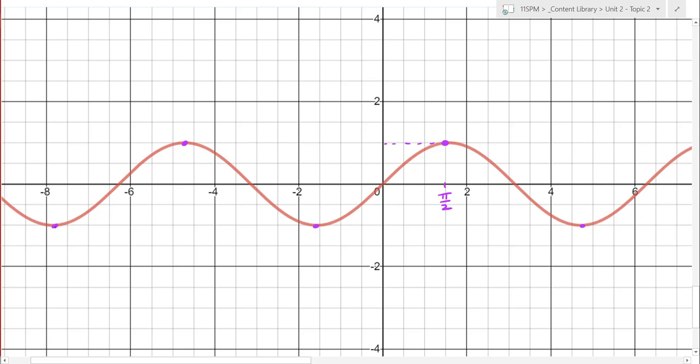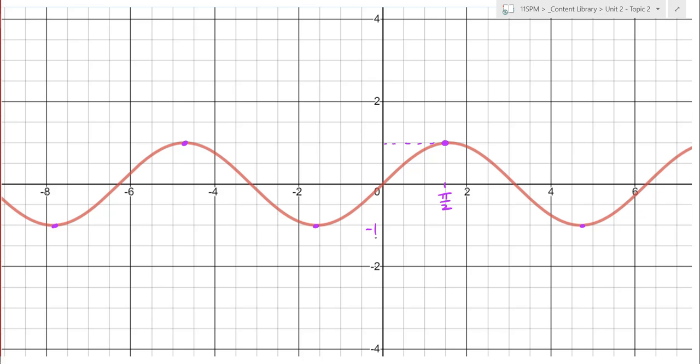What happens beyond that? I showed you a glimpse of the graph. What does it look like? It goes up, because of asymptotes. What's the range in between those 2 points? This is 1 and this is negative 1.